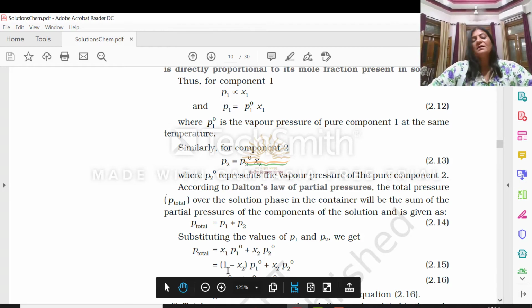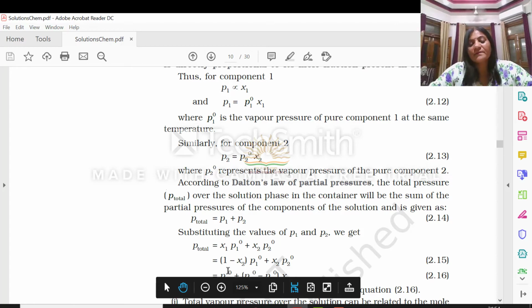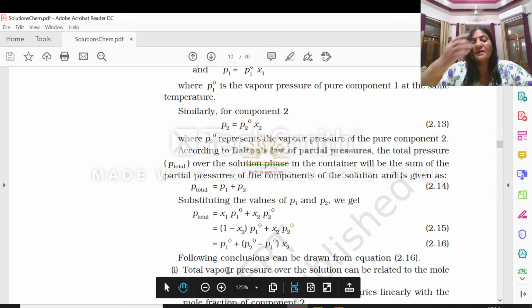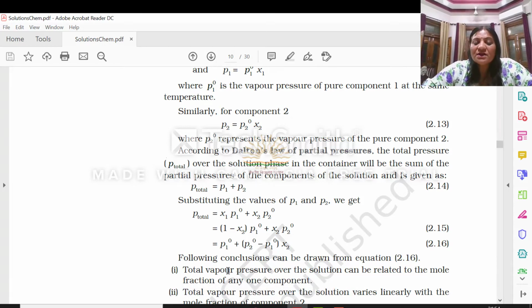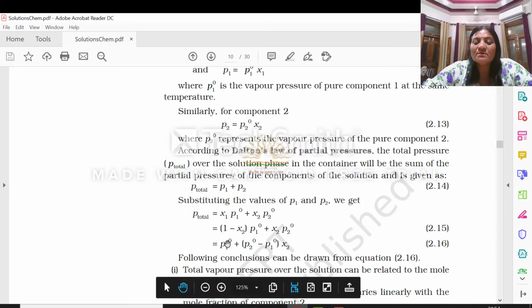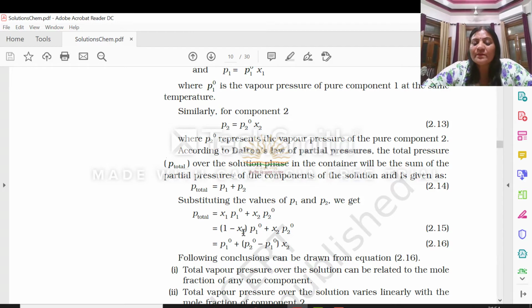Suppose X2 is non-volatile. For the binary solution the mole fraction of the two components is equal to unity, so we can write X1 as 1 minus X2. Then the equation will be P naught 1 plus P naught 2 minus P naught 1 into X2.